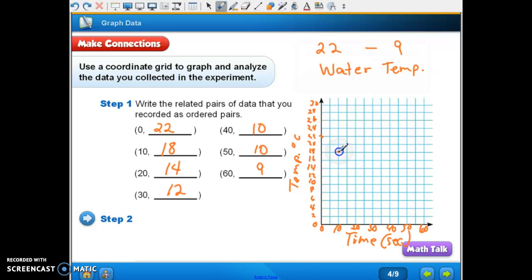Be sure that you move over enough spaces. 20 is going to be at 14. 30 is going to be at 12. And 40 is going to be at 10. 50 is going to be at 10. And then 60 is going to be at 9. You're going to have to go halfway up the 60 between the 8 and the 10 to get your 9. So your points should look something like that on your graph.